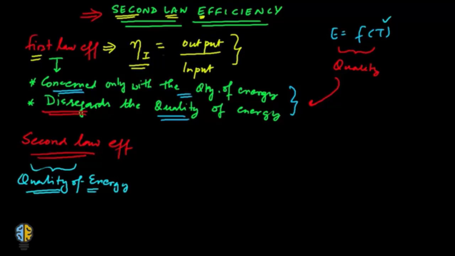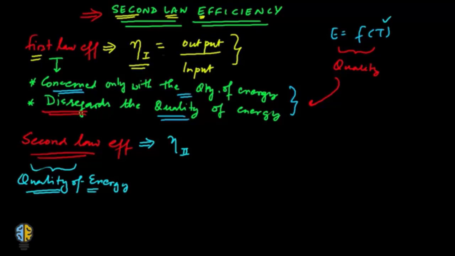Let us define the second law efficiency, which is denoted by eta 2. With the concept of the second law, it is possible to analyze means of minimizing the consumption of available energy to perform a given process, thereby ensuring the most efficient possible conversion of energy for the required task.